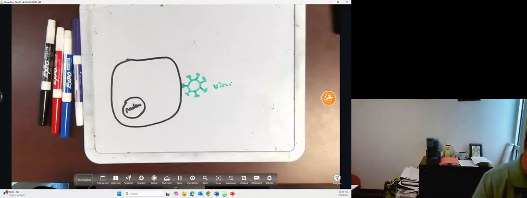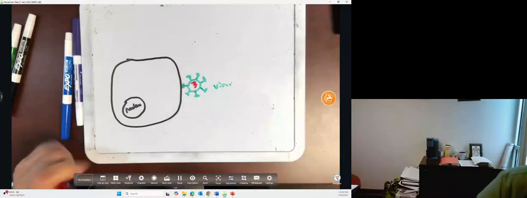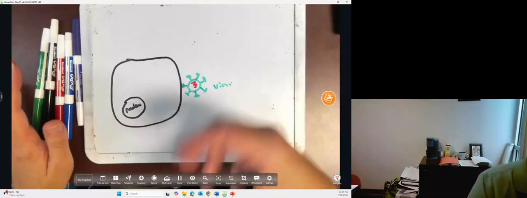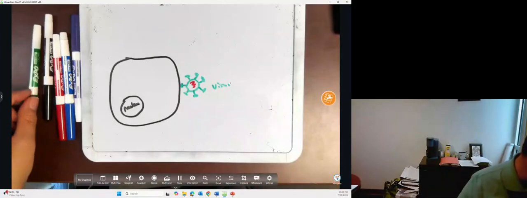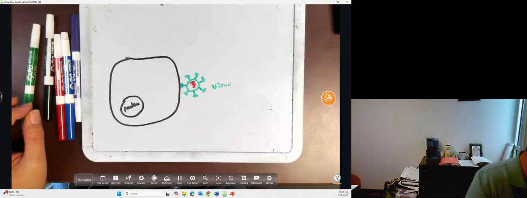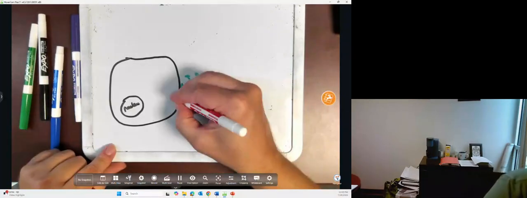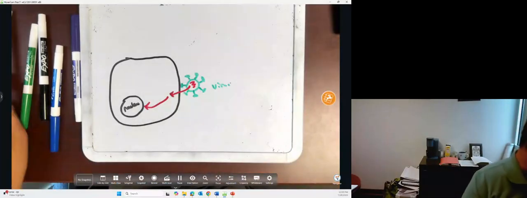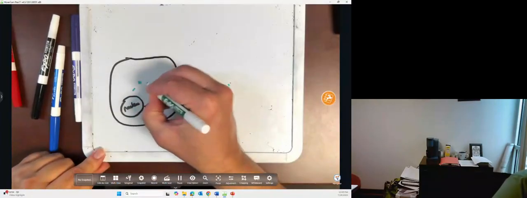I'm going to talk a little bit more than what the notes have. This virus has some kind of nucleic acid in it, DNA or RNA. Okay. Now what's going to happen is we're going to come in. This DNA is going to shoot into here, and it's going to come in and hijack this cell. Next thing you know, this cell is producing virus bits.